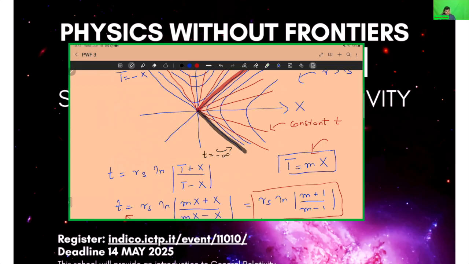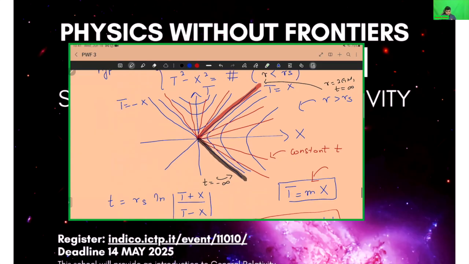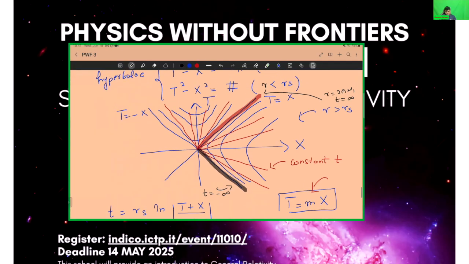Okay. So this is how you visualize the Kruskal coordinate system. One thing that I need to mention here is that this corresponds to t square minus x square less than 1, and time t being greater than 0. Okay.